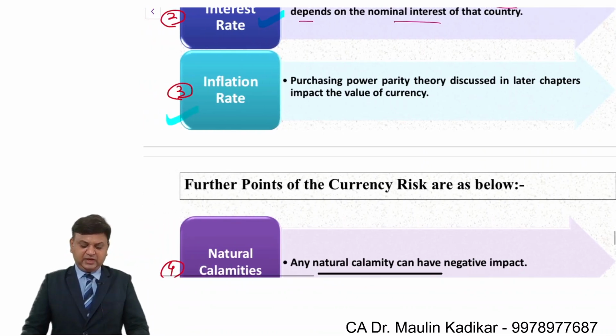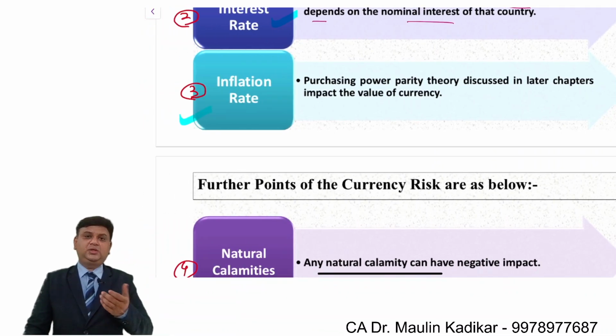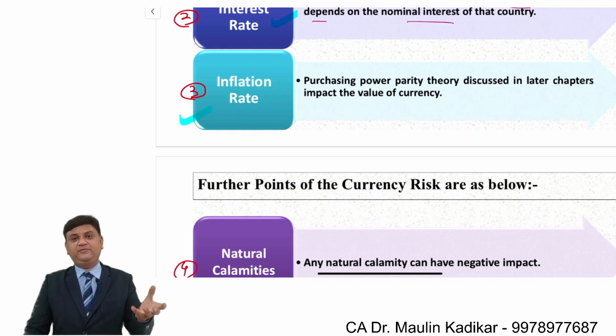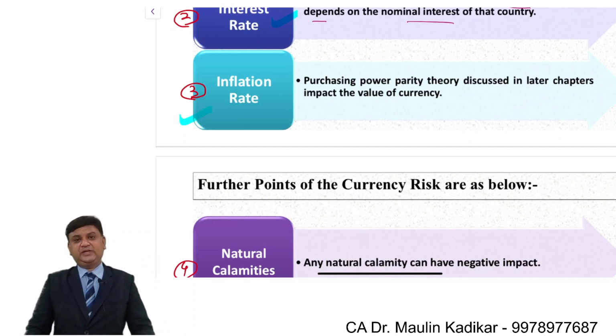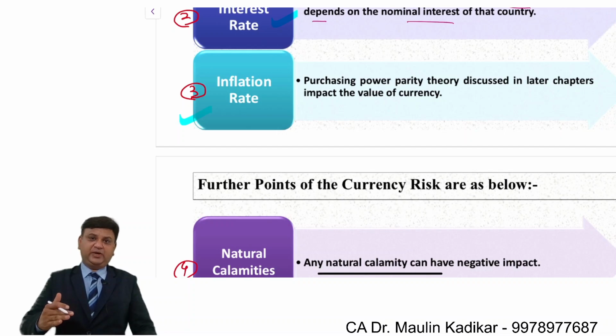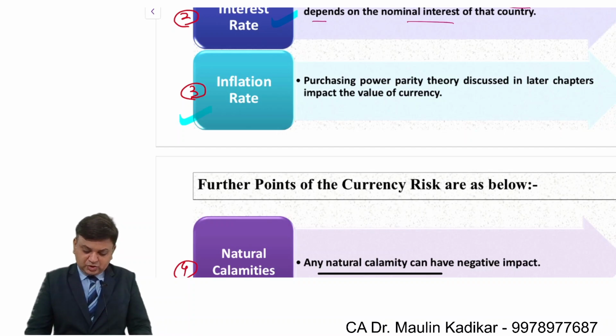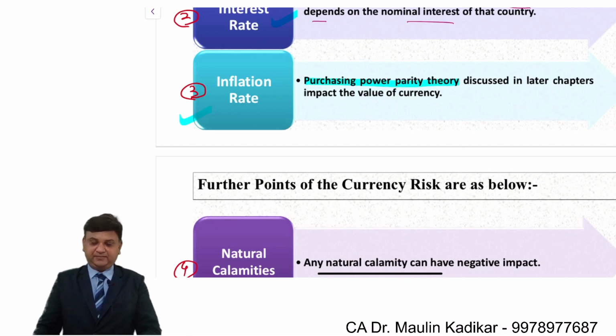Same example, if you are exporting goods to a country whose inflation rate keeps on increasing, then the value of that currency will keep on falling, and because of that the foreign currency receivable will have less value. So you have the purchasing power parity theorem to be applied to understand this.